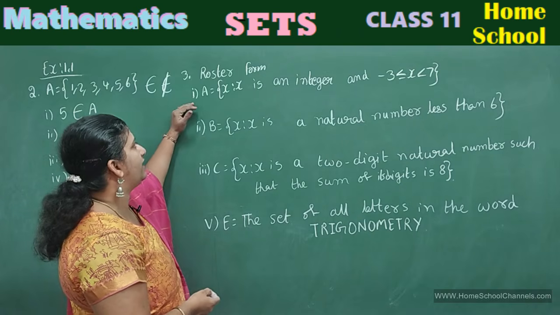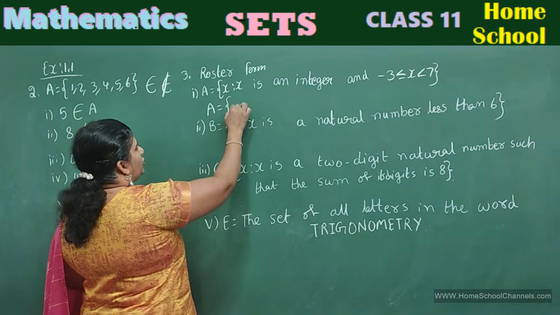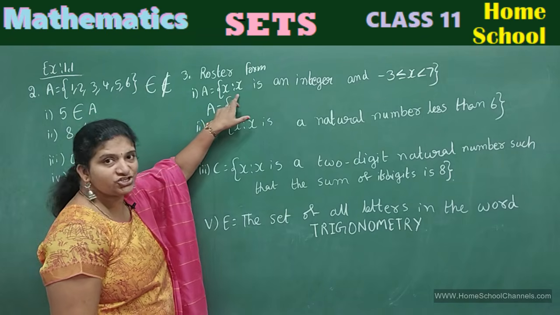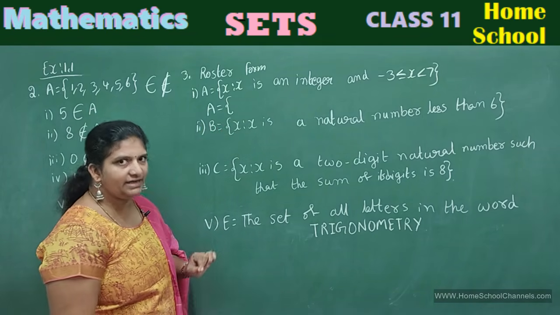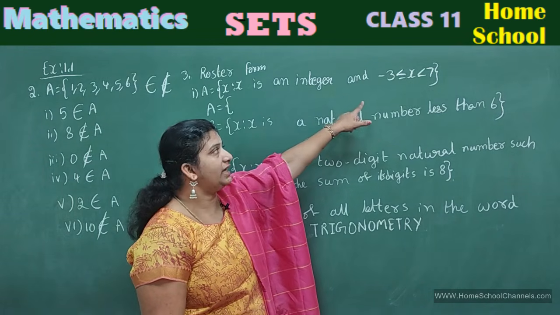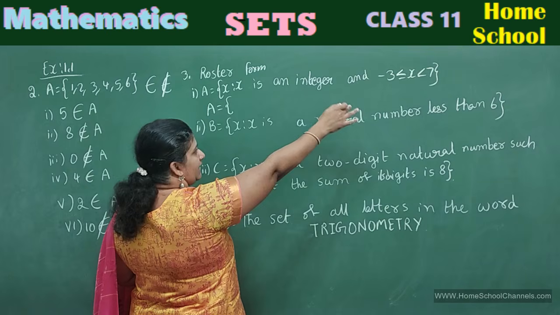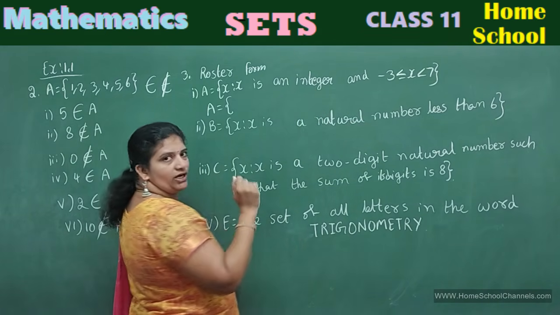See here, first one, A is a set. A is equal to {x such that x is an integer, x less than 7 and greater than or equal to minus 3}. See there, x is greater than or equal to minus 3.